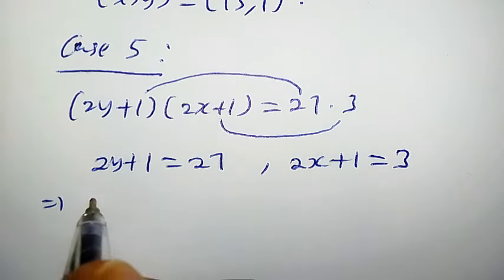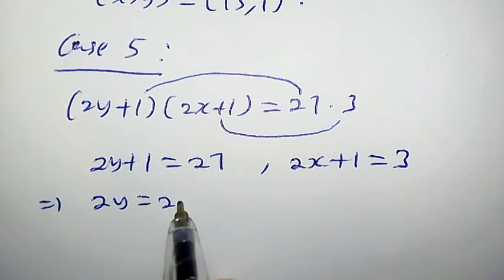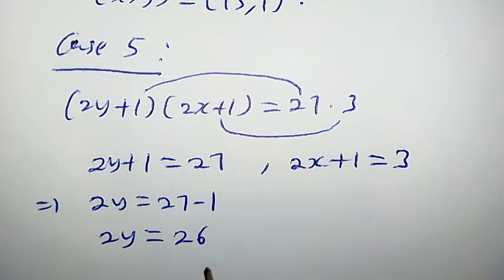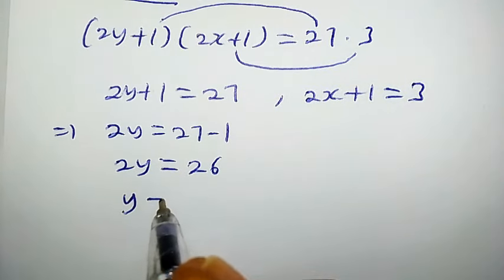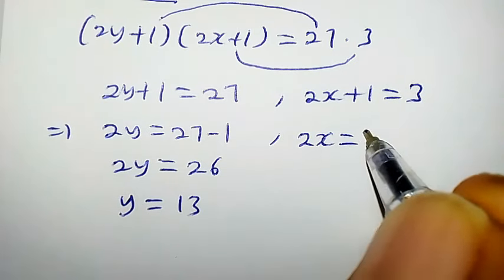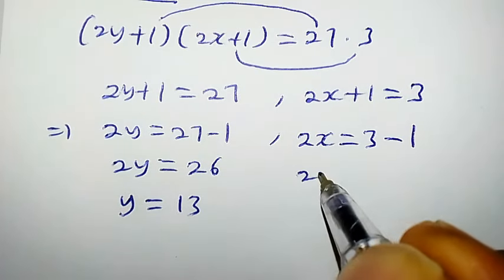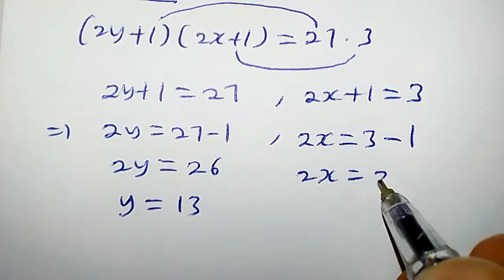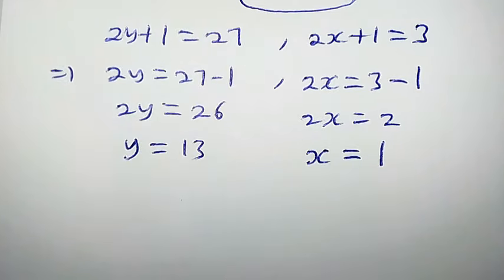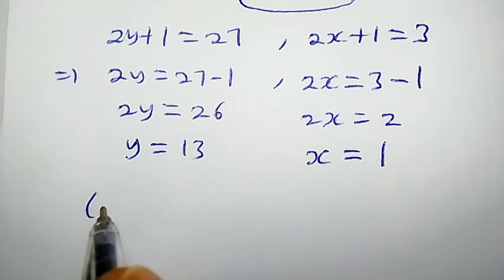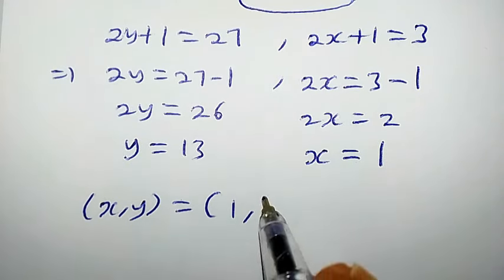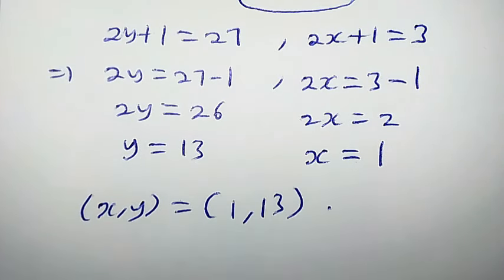This implies that 2y equal to 27 minus 1, that is 26. Dividing both sides by 2, y is equal to 13. Likewise, 2x equal to 3 minus 1, that is 2. Dividing both sides by 2, x is equal to 1. Thus, the fifth solution, x comma y, is equal to x is 1, y is 13. This happens to be the fifth solution.